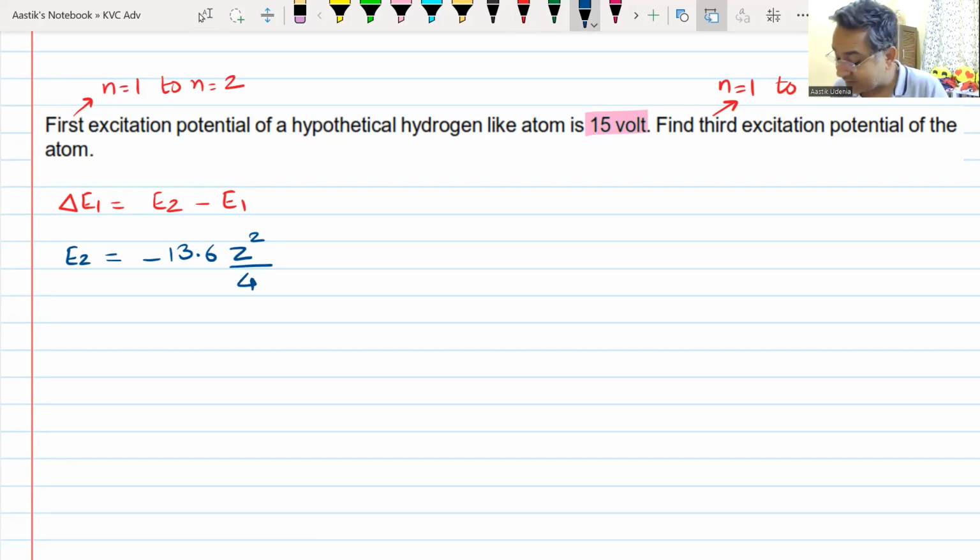So energy in the second orbit of this hydrogen-like atom would be minus 13.6 Z square by 4. Energy in the ground state would be minus 13.6 Z square by 1. E2 minus E1 is given as this. Yes or no? Yes.